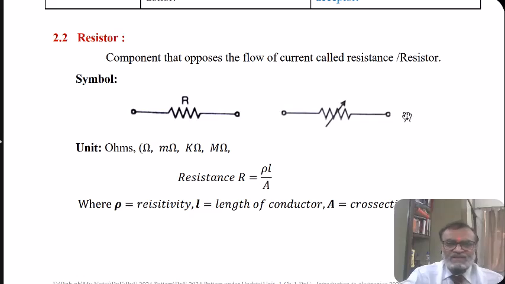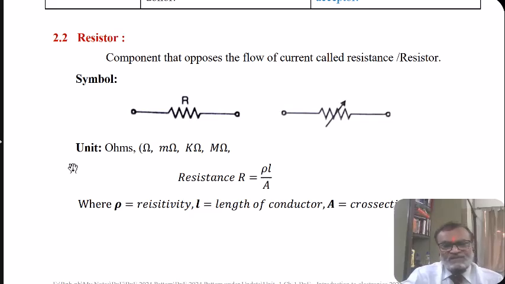Whereas in variable resistance, there is one fixed terminal and a variable terminal, and the resistance will change when the wiper arrow is changed. The unit of resistance is ohm, that can be measured in ohm or milliohm or kilo ohm or mega ohm and so on.